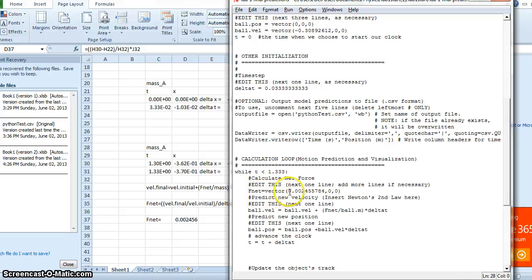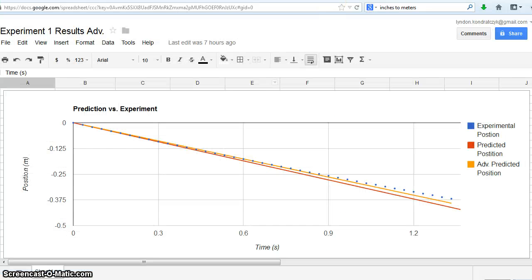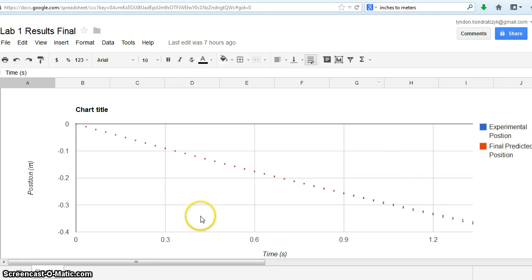I modified the F net vector by plugging in my Excel calculation, reran the simulation, and that is how I got my final lab results, which, as you can see, pretty closely align in this case, and even though they're not perfect, they're pretty close.